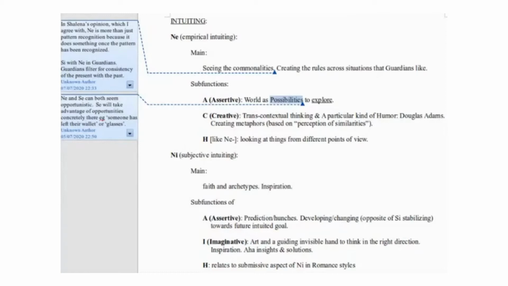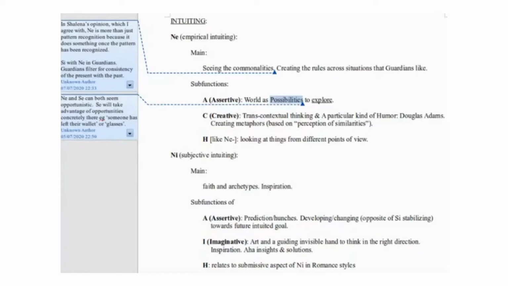Yes, and then when I think about ENFPs, Ben seemed to suggest that ENFPs would have more assertive empirical intuiting, extroverted intuiting. When I think about the ENFPs, yeah, they do seem more prone to travel and actively exploring possibilities.